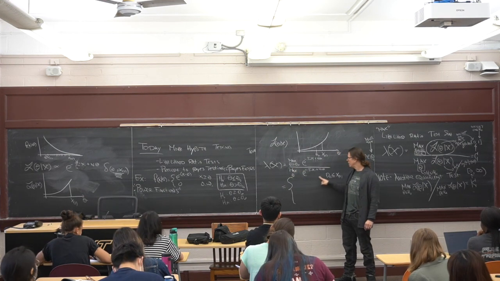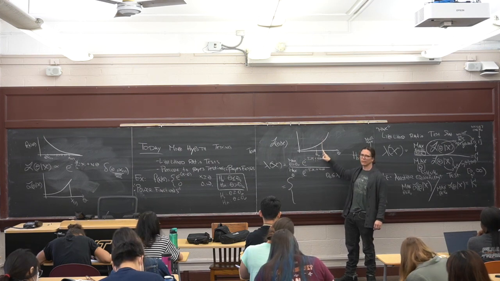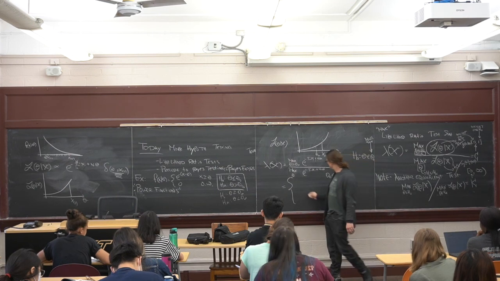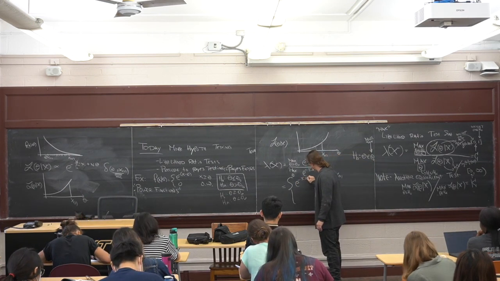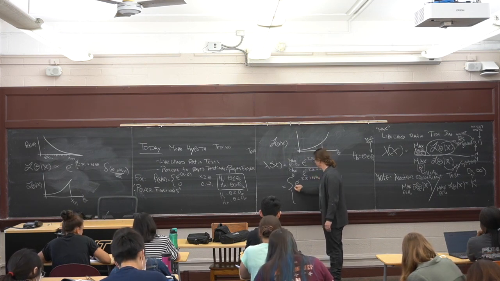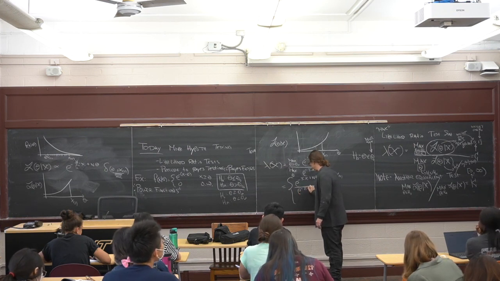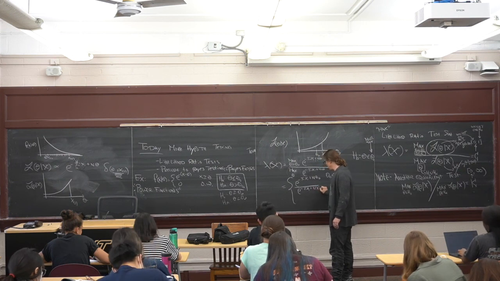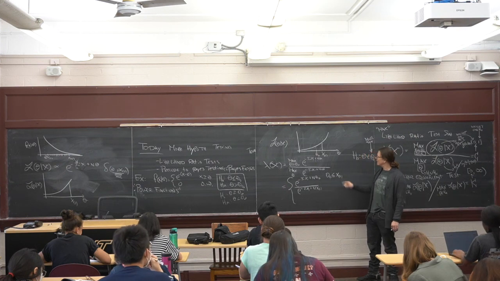Over the entire range, I get to maximize over the valid region of the likelihood. So this is going to be e to the minus sum of the xi's plus n theta naught divided by e to the minus sum of the xi's plus n x1. So that's for this case right here.